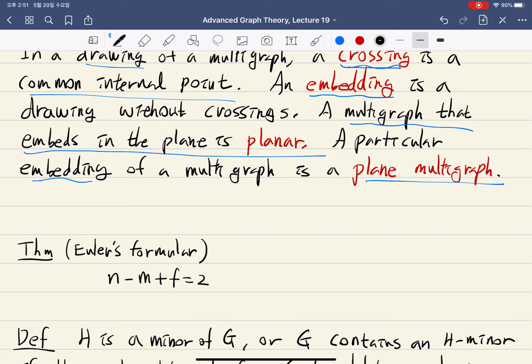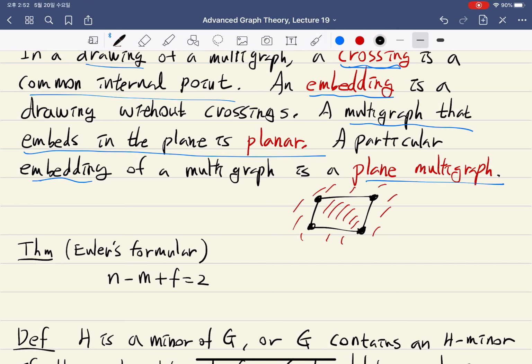And once an embedding is given, say this is one embedding of a cycle of length 4, then in the surface, if you delete the image of this embedding, you have two connected components. Inside, this is one open set which remains, or outside.